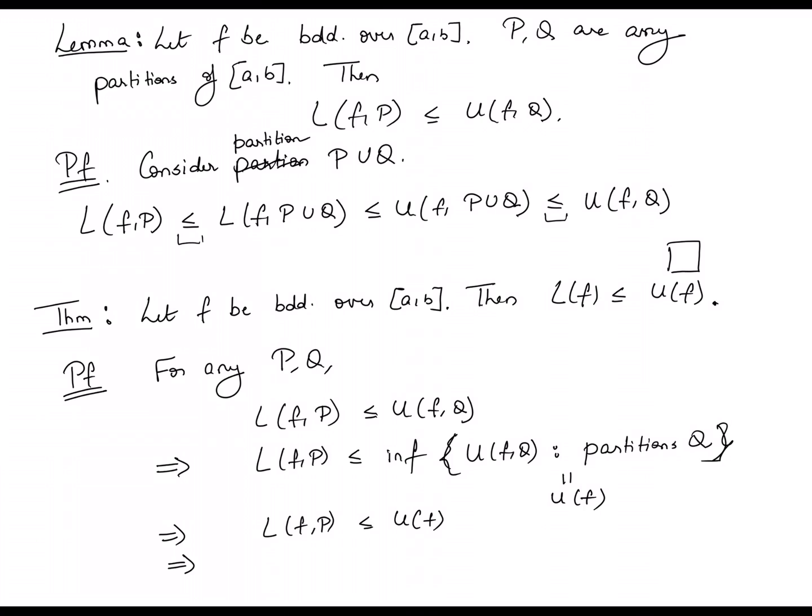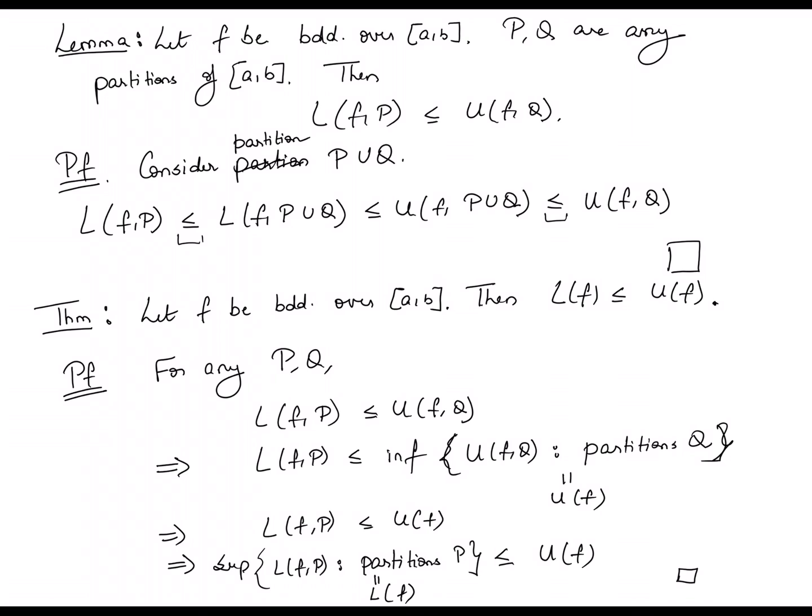So therefore I know that L of f,P is less than or equal to U of f, right? Now I can take the supremum over P, so therefore the supremum of L of f,P over partitions P is less than or equal to U of f, right? But the supremum is in fact the same as L of f, and that completes the argument, right?